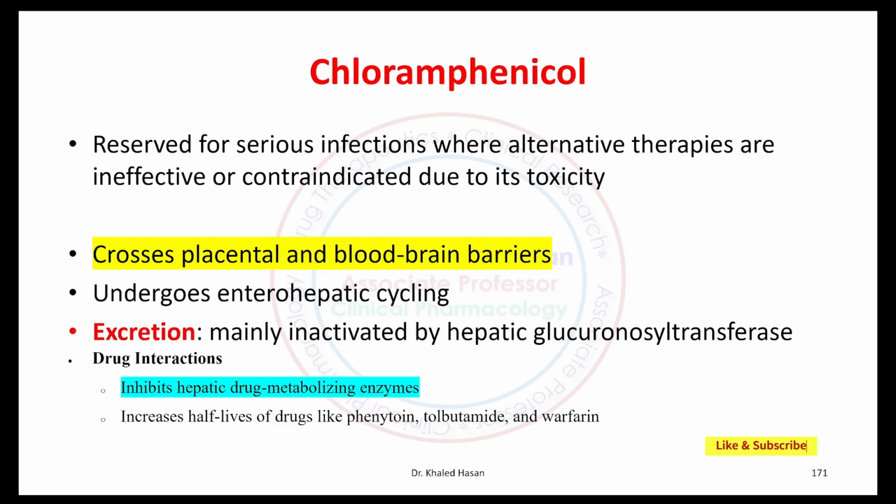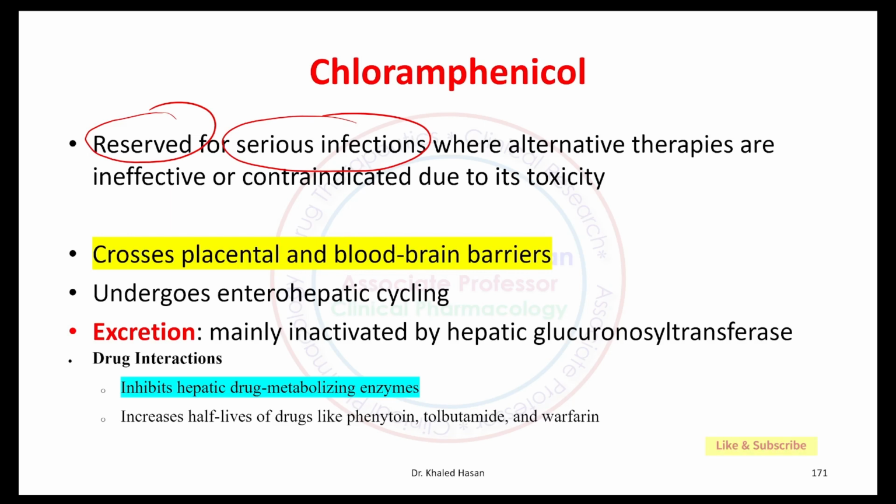Okay, a very important issue here: we need to reserve this medication for serious infections. So we don't use chloramphenicol for the treatment of tonsillitis or bronchitis. We keep this medication for serious infections because it carries the risk of serious side effects, which we are going to discuss later on.